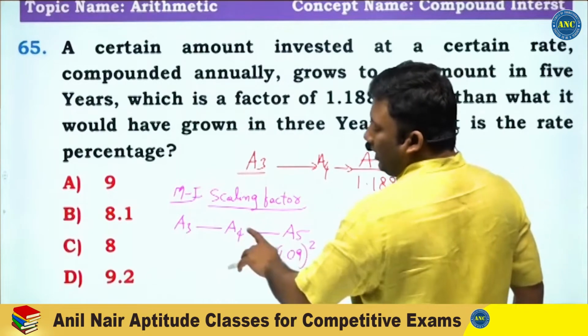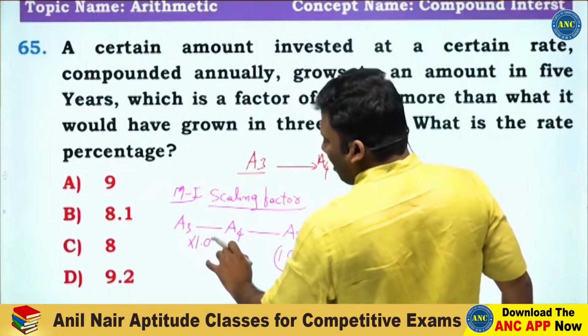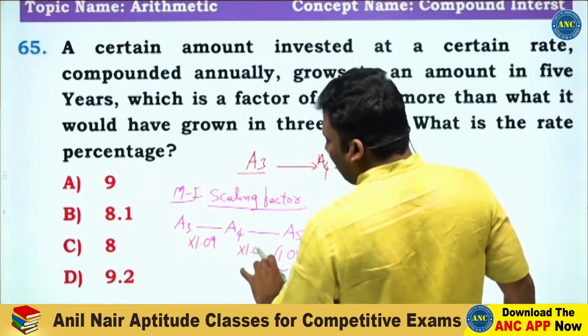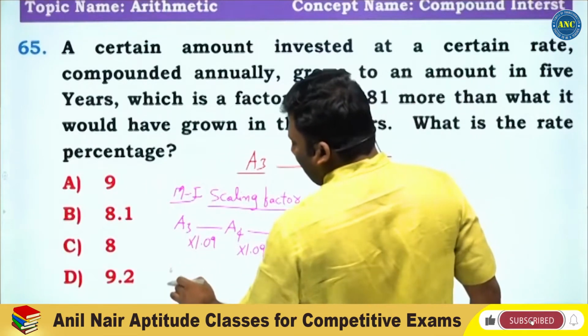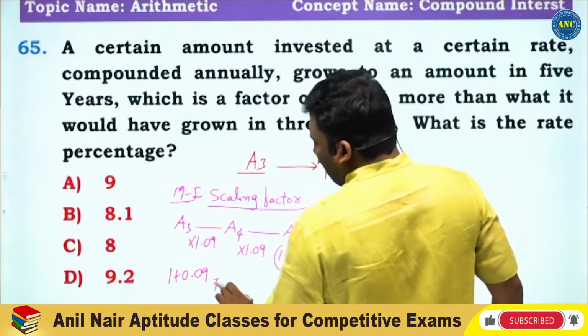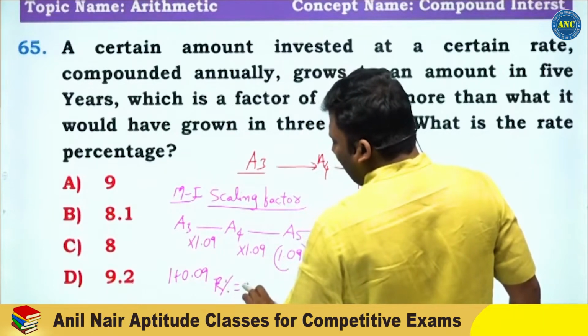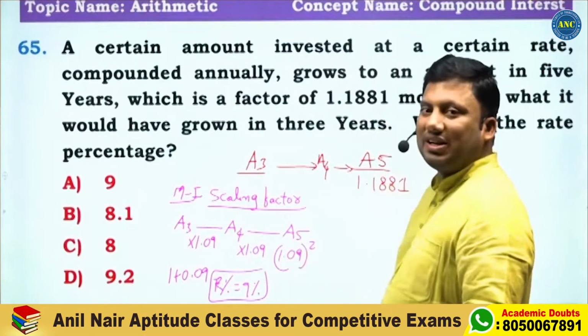Between two consecutive years, scaling factor should be same. It is into 1.09, into 1.09. That means it is 0.09, which is rate of interest will be 9 percentage.